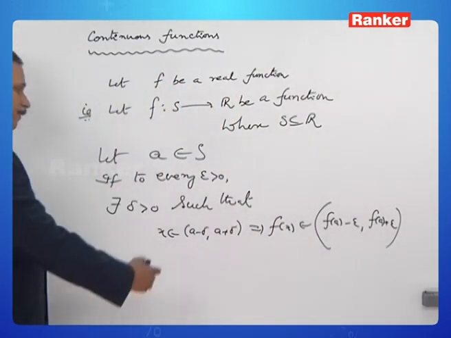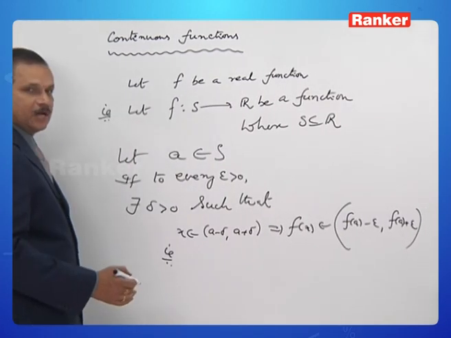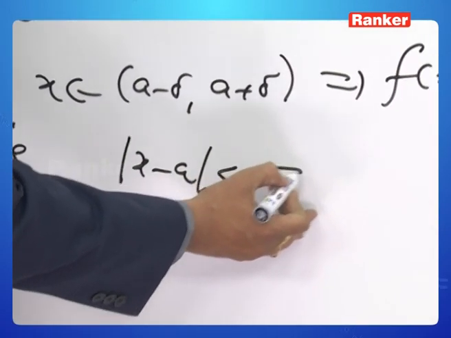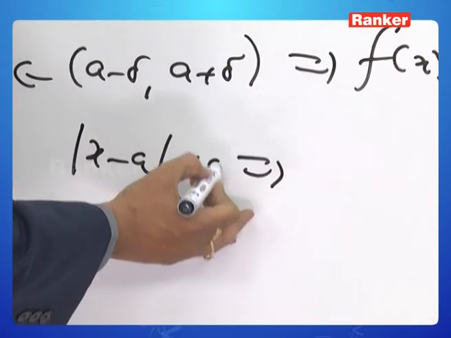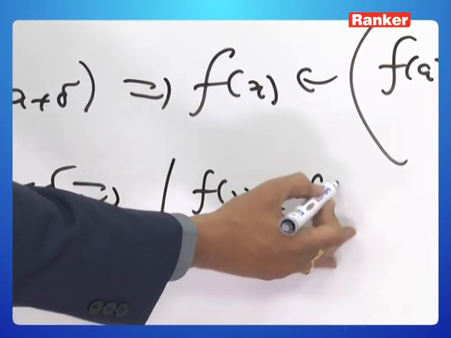That is, x belongs to (A minus delta, A plus delta). What does it mean? Mod x minus A less than delta implies mod f of x minus f of A less than epsilon.